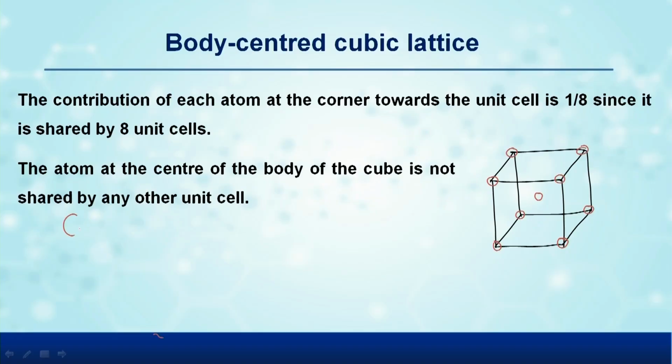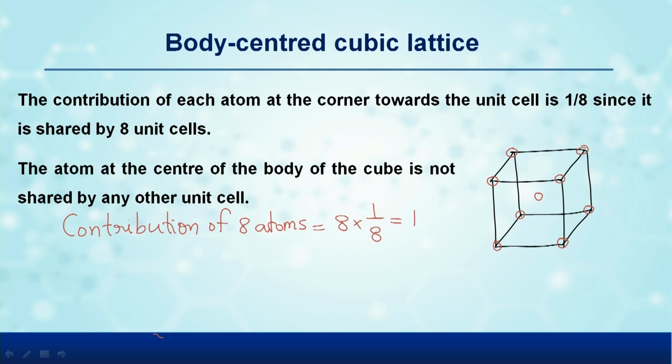As we saw in the case of a primitive lattice, the contribution of 8 atoms at the corners is equal to 8 into 1 by 8, so that is equal to 1.